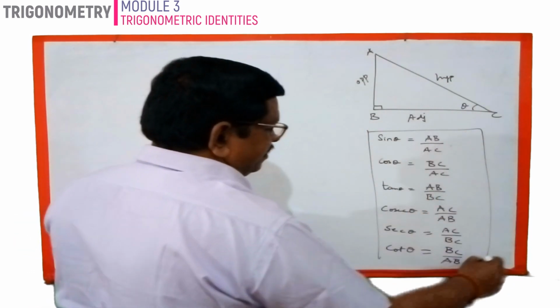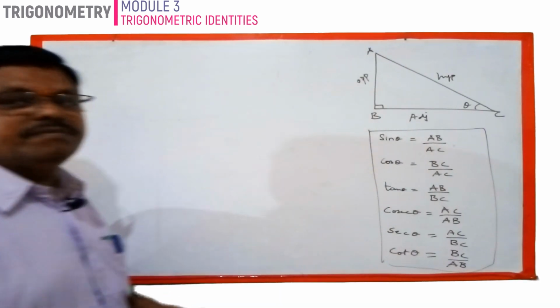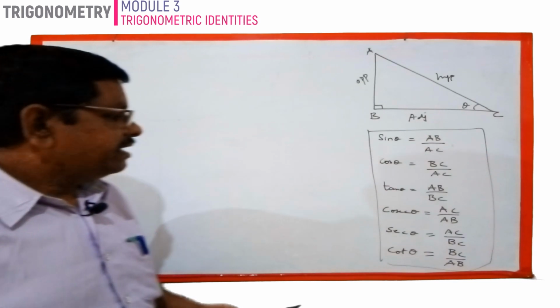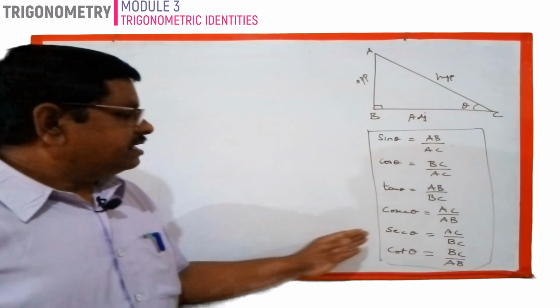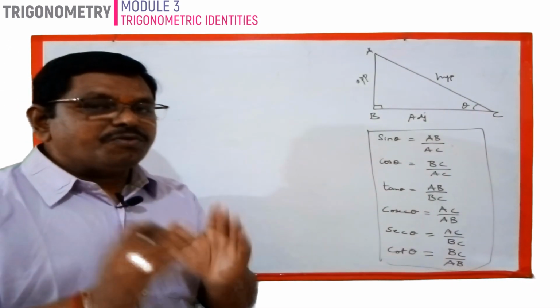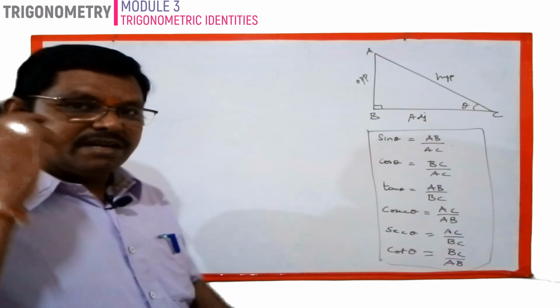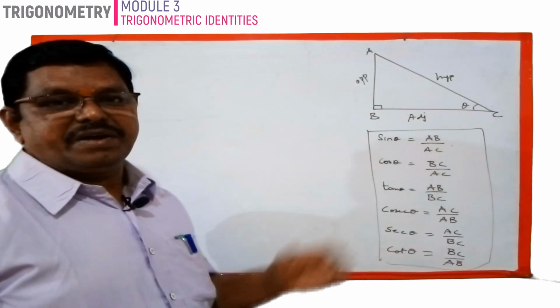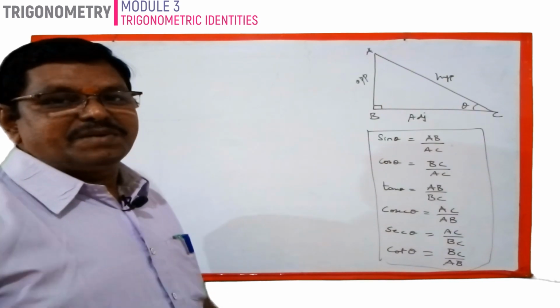Now we are going to find some relationship between sin theta and cos theta, tan theta and cot theta, secant theta and cosecant theta. Before that, let us recollect the idea of Pythagoras theorem or Baudhayana theorem given by our Indian mathematician Baudhayana.